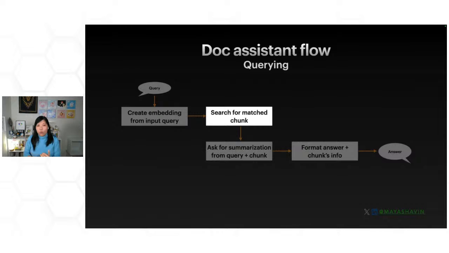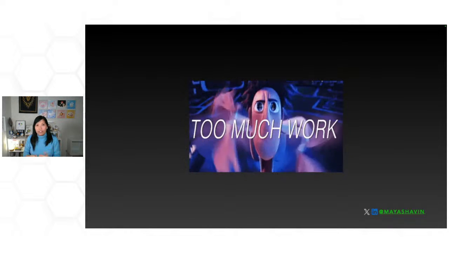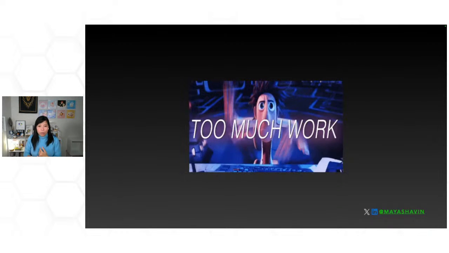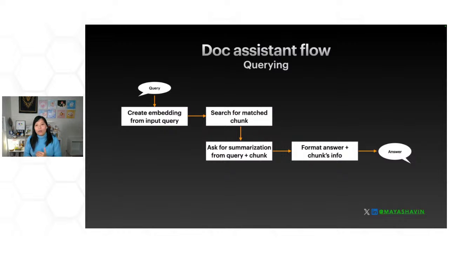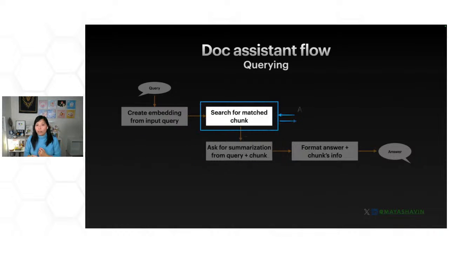For searching, we can use Azure AI Search to find the matching chunks. And finally, we can perform our own logic for formatting the chunk info. Those are the three components where we need to use external services.